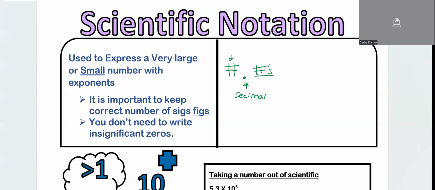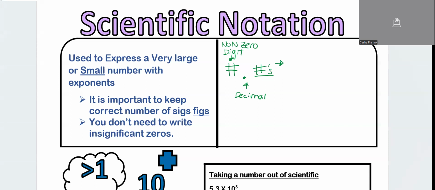And again, this must be a non-zero digit. Specifically only one. And then this would be the remainder of our sig figs for whatever amount of sig figs we want to have. It is possible that you won't need the decimal and other numbers if you want only one sig fig.